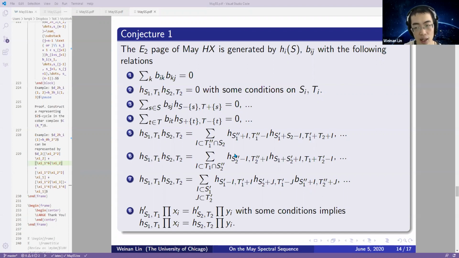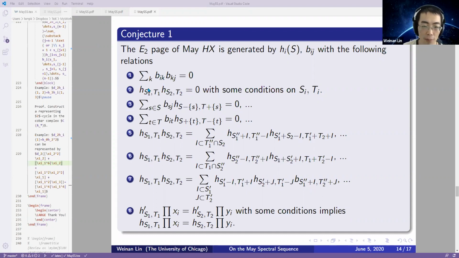Yeah, I think for some spectral sequence, if you use the May spectral sequence again and compute the May spectral sequence of that, at least I believe that those E2 pages of May are understandable.